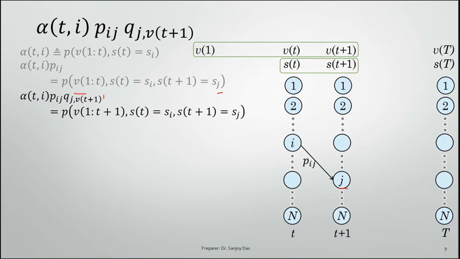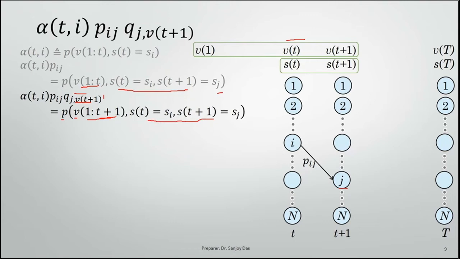So the product is equal to the probability of V1 through T+1 now. V1 through T had been taken into account already, and now because of this I include T+1. So it's V1 through T+1, and St equals Si, St+1 equals Sj.